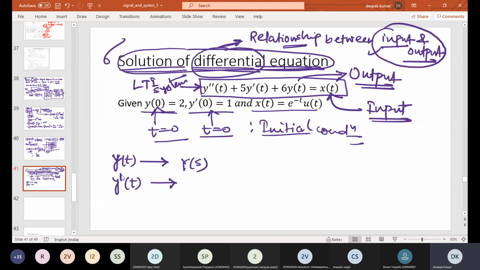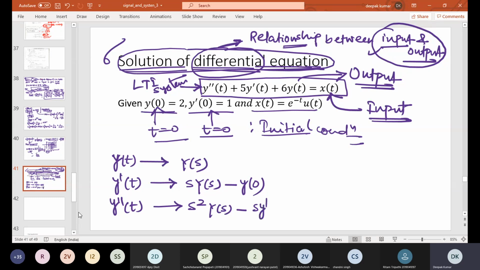The Laplace transform of y dash t, the derivative of y t, is s Y of s minus y of 0, and for y double dash t, the second derivative of y t, the Laplace transform is s square Y of s minus s y of 0 minus y dash 0.